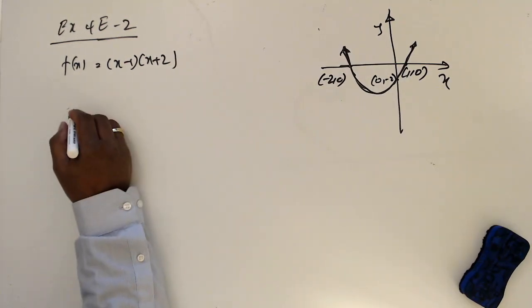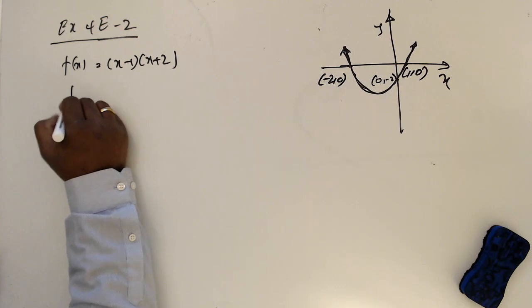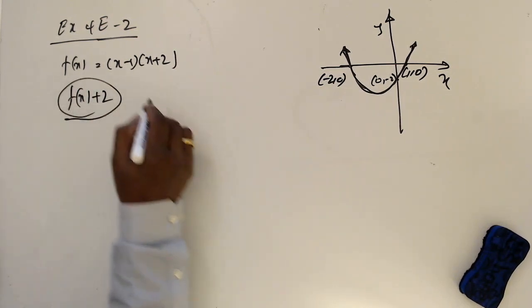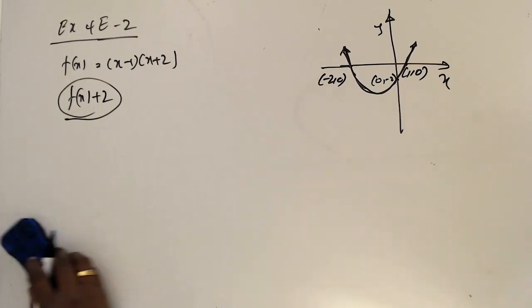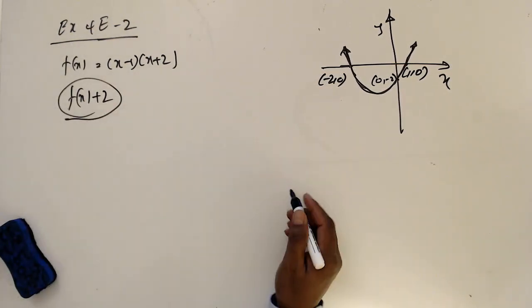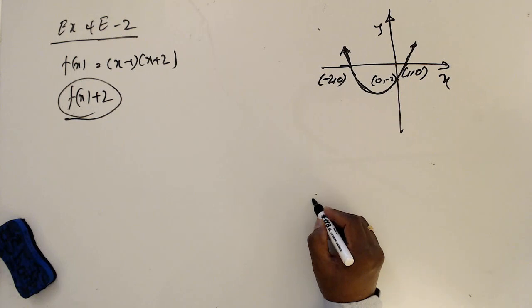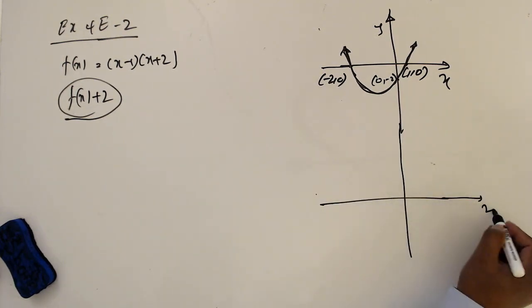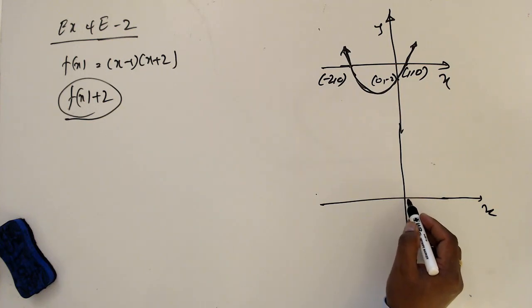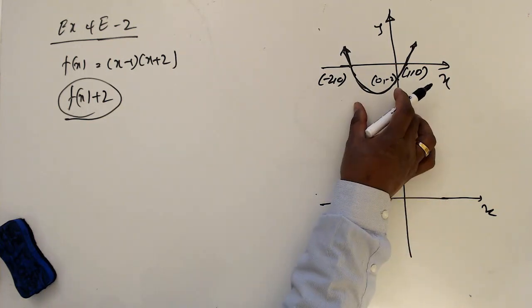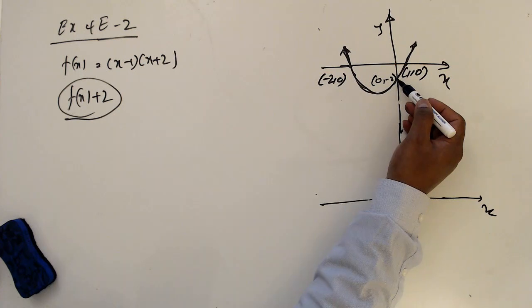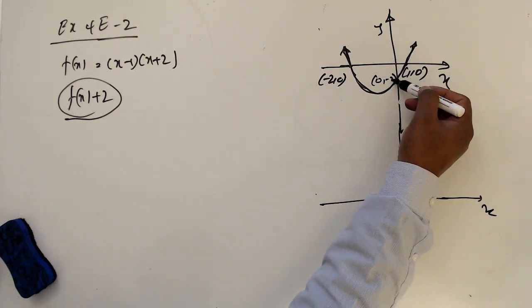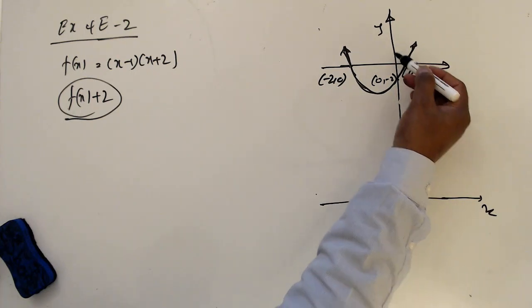Now discuss what is the next one. If x plus 2, we want to draw it, it means we want to shift by 2. This is the x-axis, and the same graph, minus 2 becomes 0, 0 becomes 1.